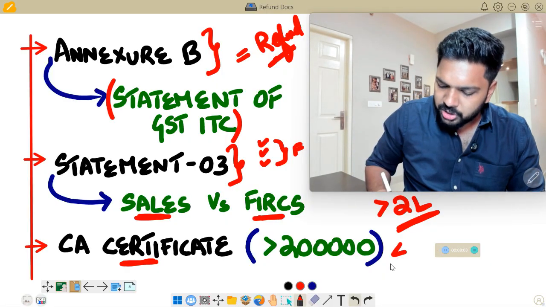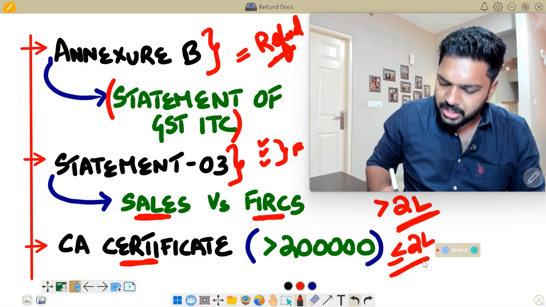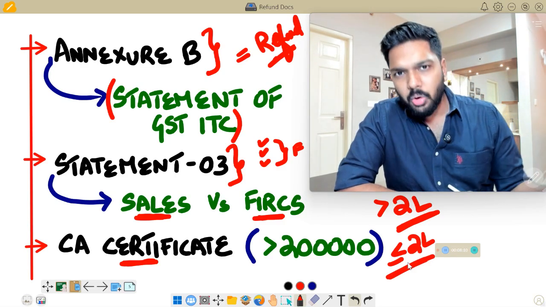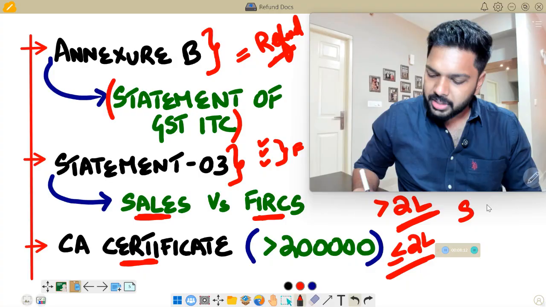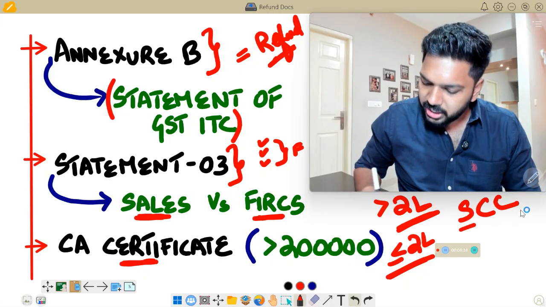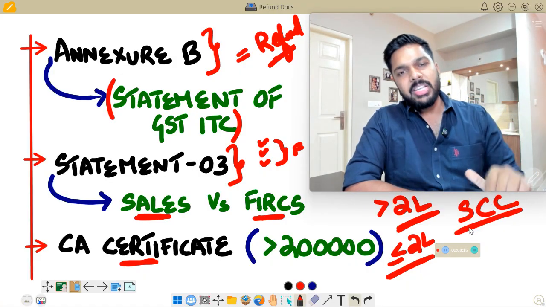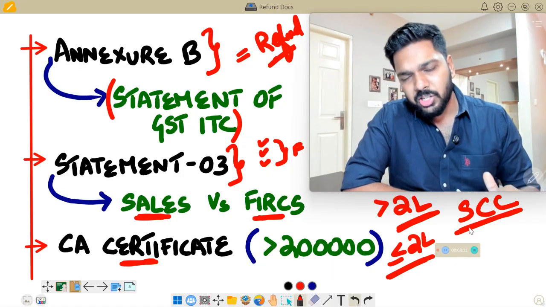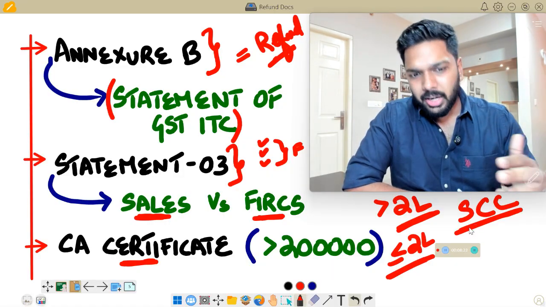Now, what if the value is not more than 2 lakh rupees? Then the department circular says that you do not require a CA certificate. A self-certified certificate is only required in that case. You need to state that the ITC that you're claiming is correct, it is not ineligible, and that can be on your letterhead also.